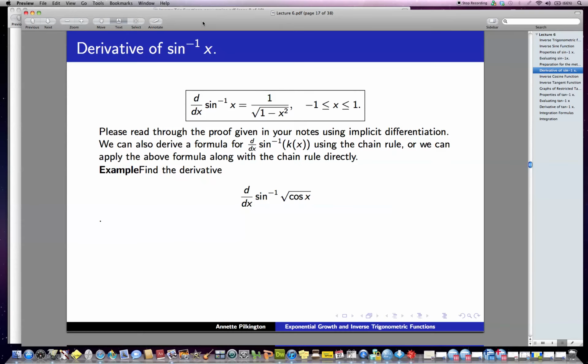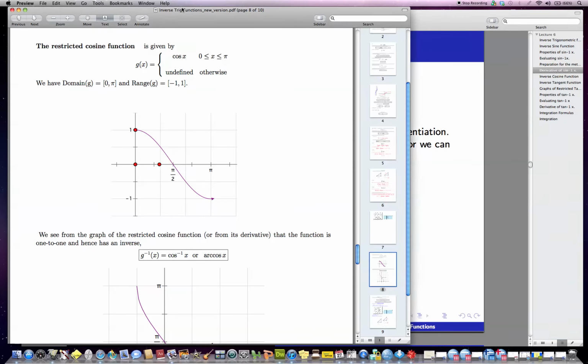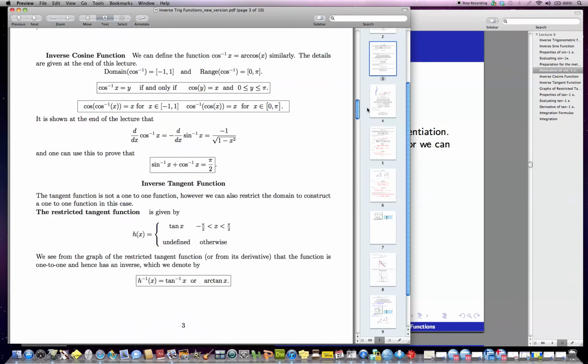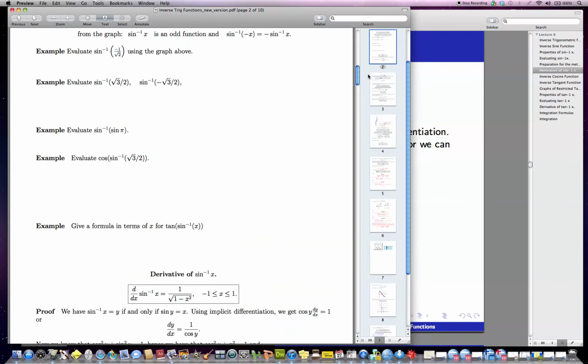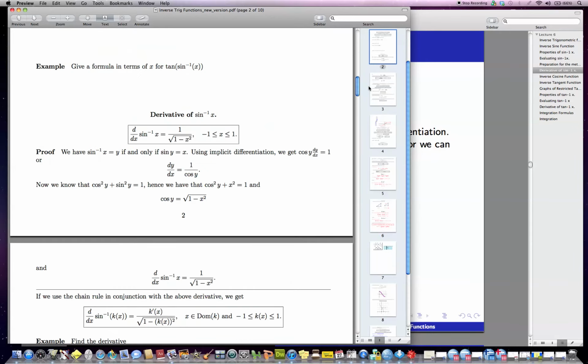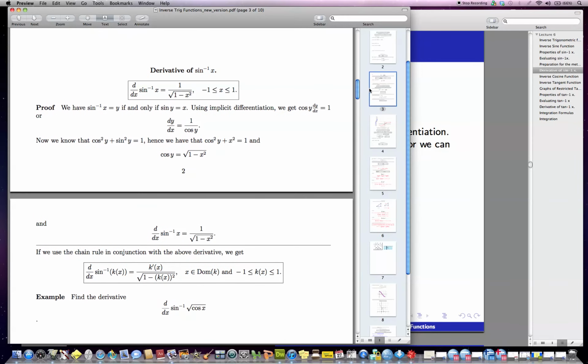We can also calculate the derivative of sine inverse of x using implicit differentiation. In fact, we have the calculation in this set of notes. There we have the properties, and here we have the derivative of sine inverse of x. Sine inverse of x equals y is the same as saying that sine of y equals x, and y is between minus pi over 2 and pi over 2.